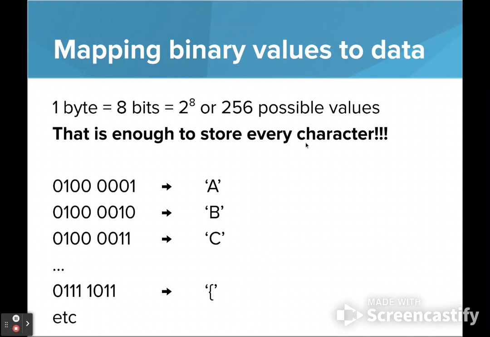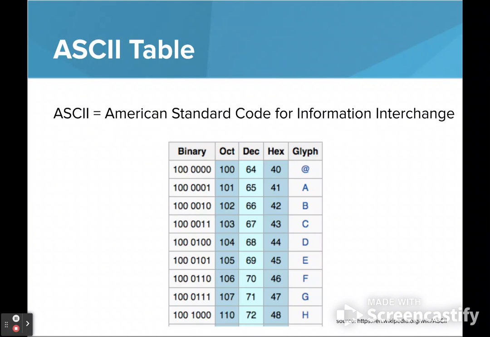This is enough to store every single character possible. So the capital letters, then you would have the lowercase letters. We would have symbols such as the curly bracket. If you're using 8 bits, which is 256 possible values, you would have enough possible combinations of zeros and ones to store every single character we can possibly use.